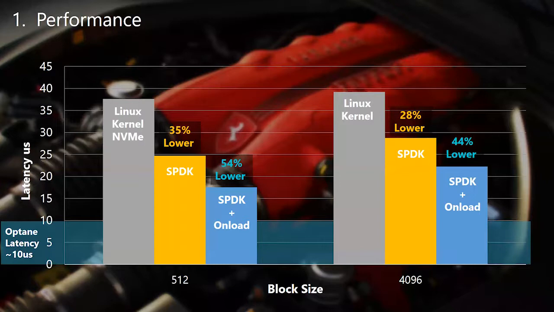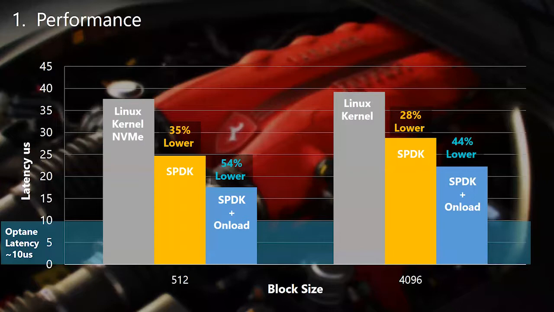So you can see the gray box there. We ran it with SPDK, which is the cousin of DPDK. This is the user space solution that gives you direct access to the drives and to the SSDs. And that was run with a kernel driver on the networking side as well.